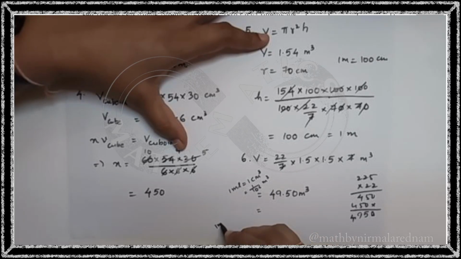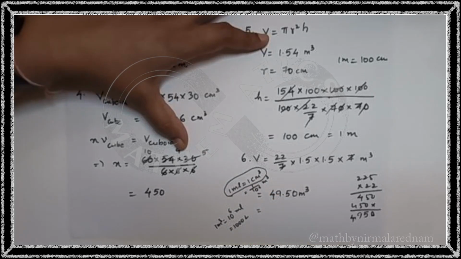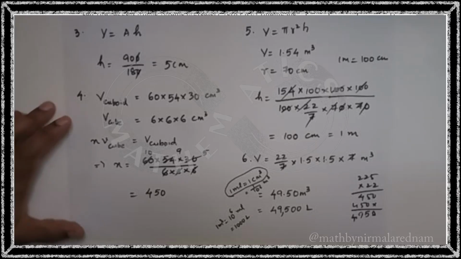So 1 meter cube is 10 power 6 ml, which is nothing but 1000 liters. Okay. So if you remember this, every other conversion regarding capacities is going to be straightforward. So now here if I multiply with 1000, I have 49,500 liters. That is your final answer.